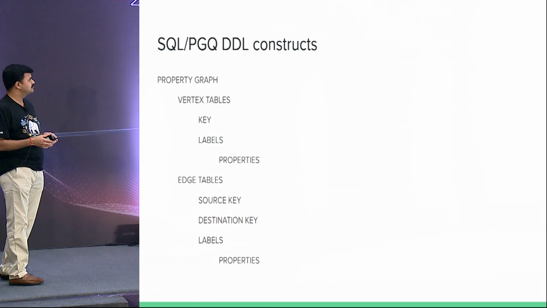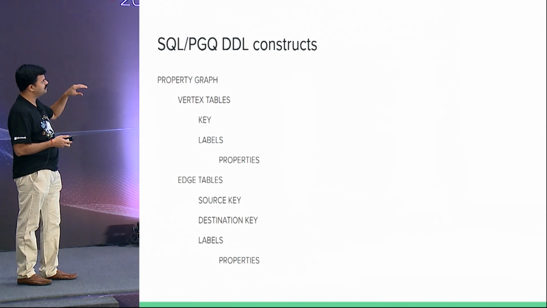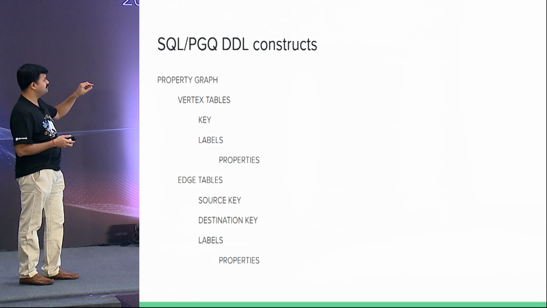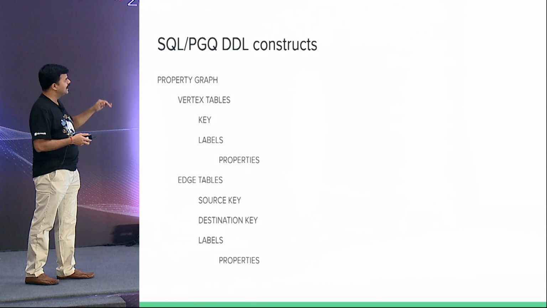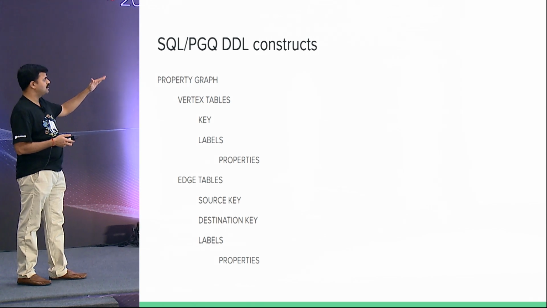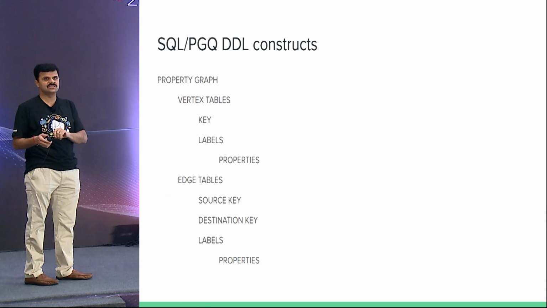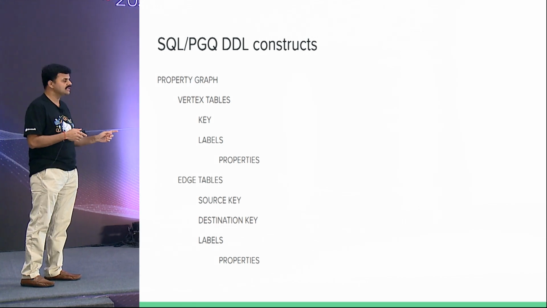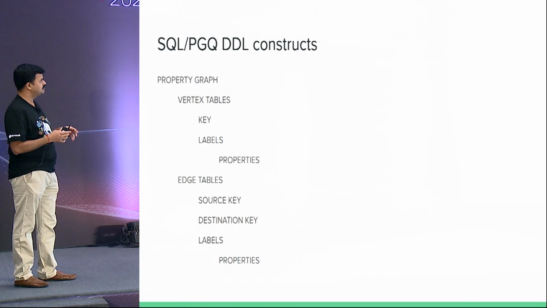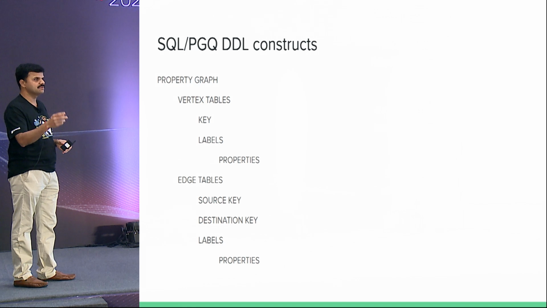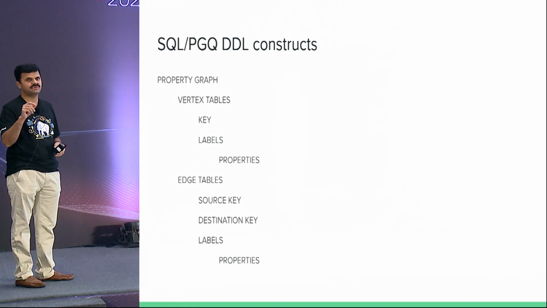These are the constructs that are used to do this mapping, where the top level object is property graph. Property graph has one or more vertex tables, which are the relational tables which get mapped to nodes in the graph. Each of these tables, usually their primary key becomes also the key for the nodes that it exposes, identifying each of the nodes.